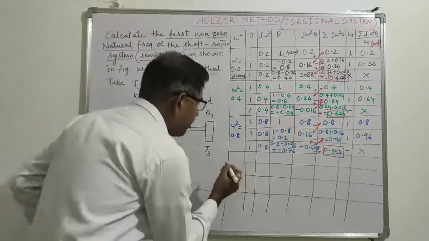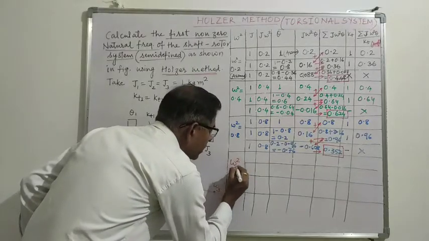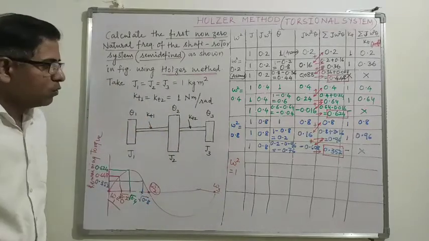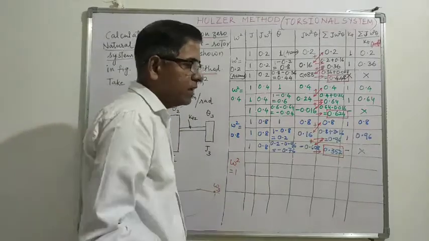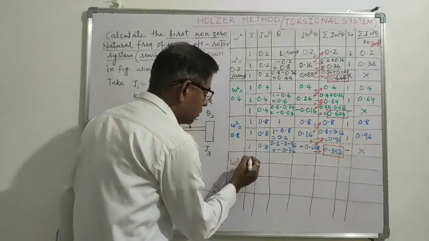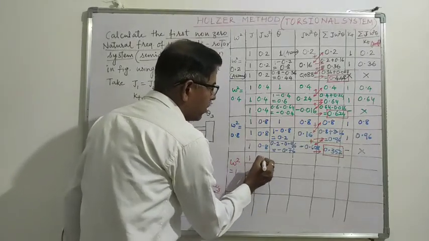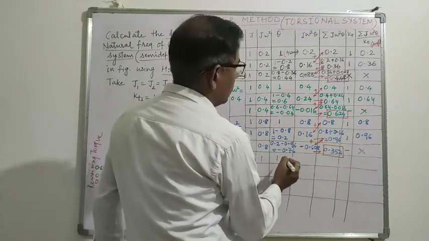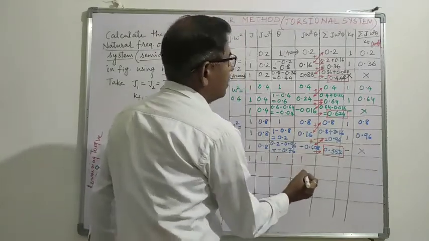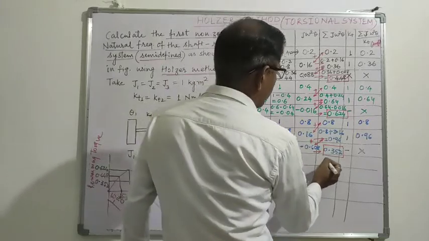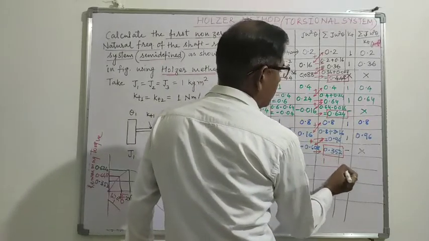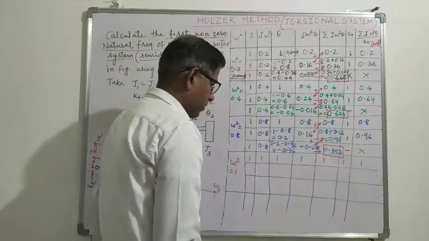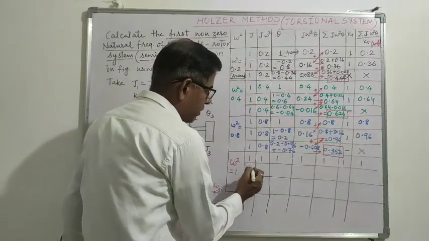So in the last iteration, we will assume omega square is equal to 1. Let us see what we will get as the remaining torque. So 1 into 1 is 1, and 1 into 1 is again 1. So the summation is 1. J2 is 1, 1 into 1 is 1.